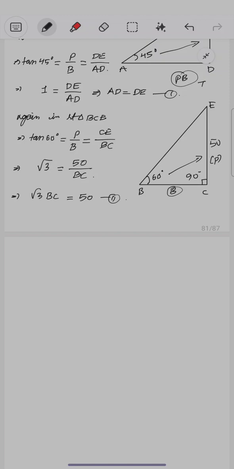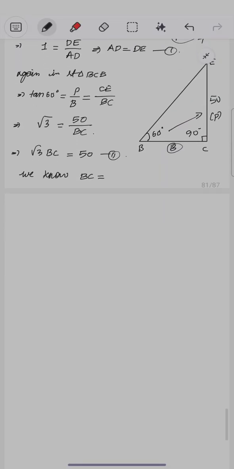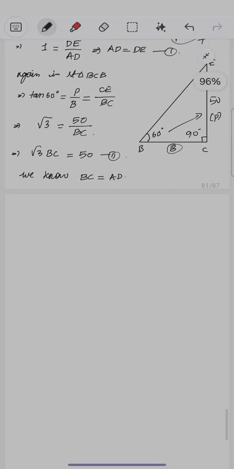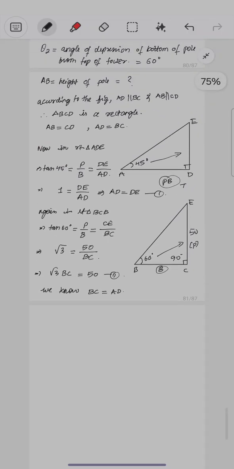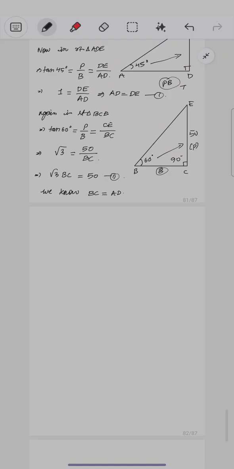Now we know BC equals AD, and AD will be equal to DE from equation number 1.